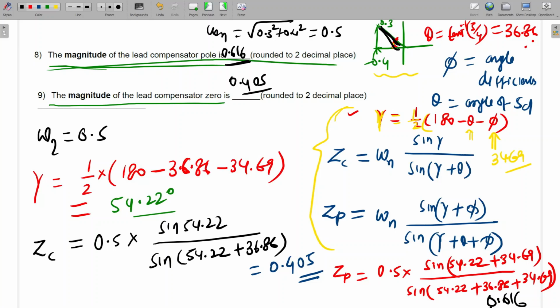So our transfer function will be like this: in the left half, we are getting the pole and zero locations. So G of lead will be equal to S plus 0.405 divided by S plus 0.616. This is our lead compensator.